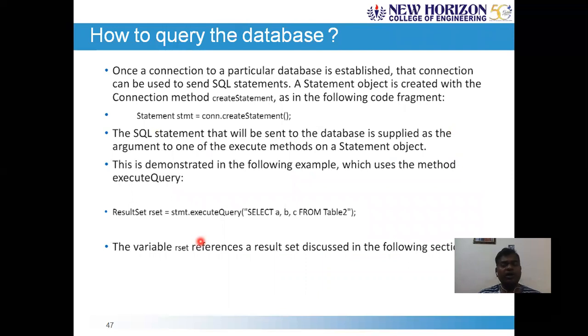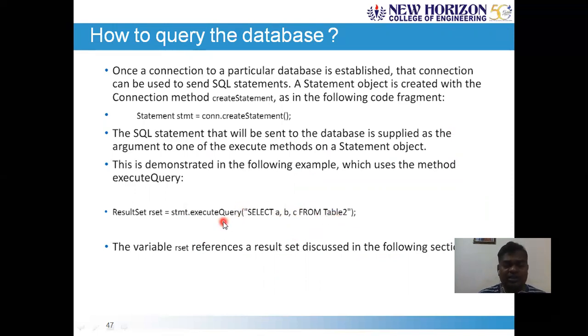So how do we query the database? By writing select statements. If you look at this example, I have a statement object, statement.executeQuery of select a, b, c. These are the attributes: select attribute a, attribute b, and attribute c from the table with the name table2.